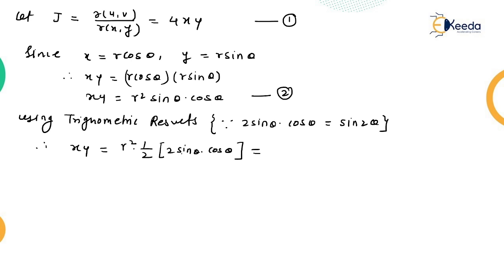This is the formula for sin 2θ, so xy is r square divided by 2 into sin 2θ.